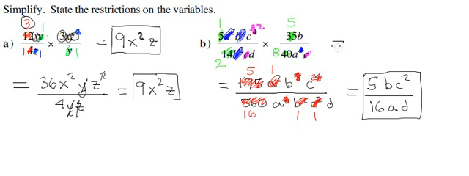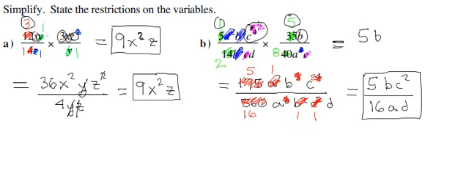Now let's see if I can read my own writing well enough to reconstruct this. In the numerator, we have 1 times 5. There are no a's. There's a single b. And here we have c squared.